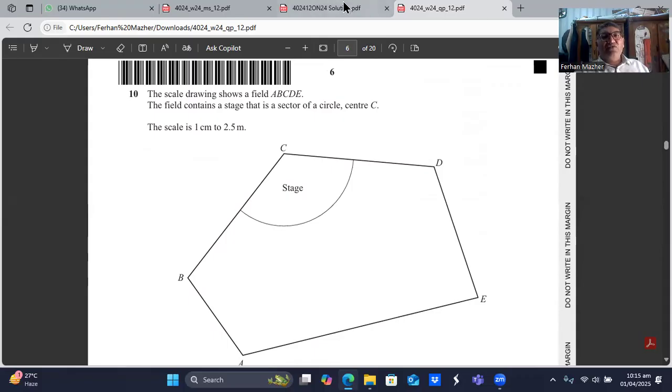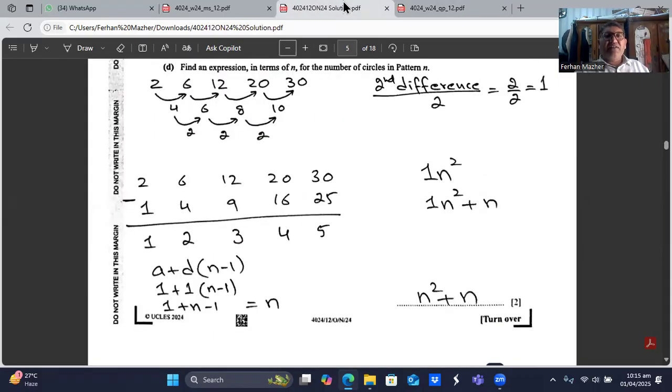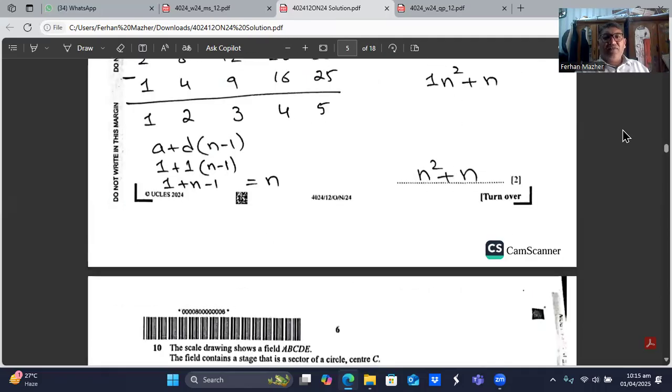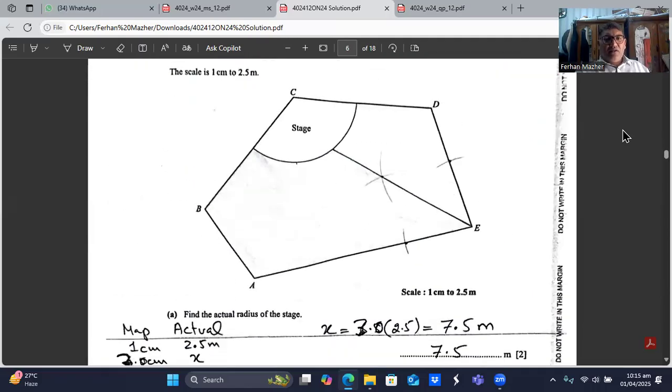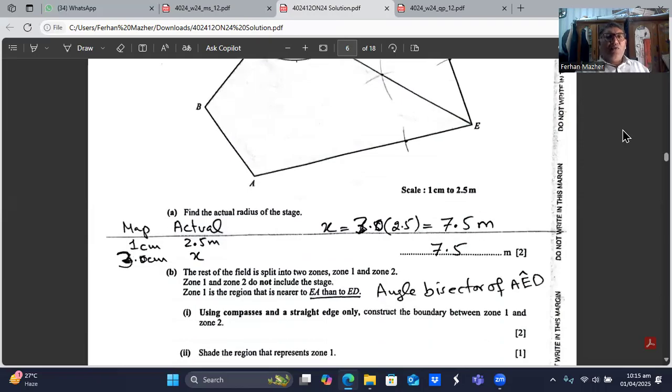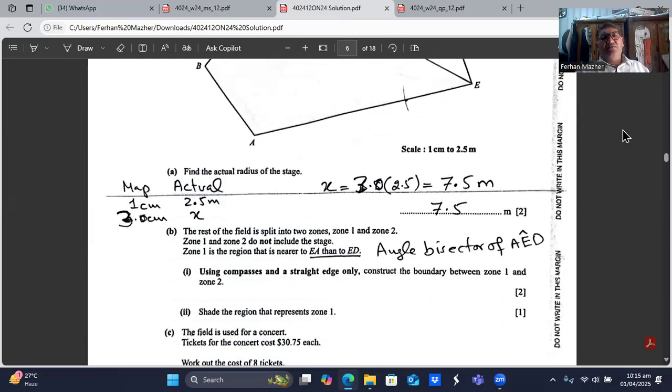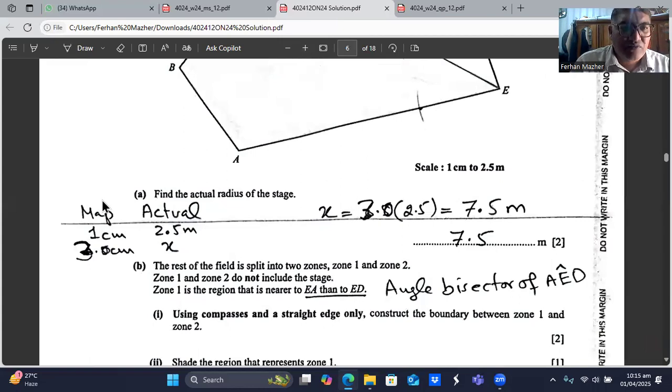And then by using the scale, we can convert this into the actual length of the distance. Okay. So when we measured it, it was 3.3 centimeter approximately. I'm going to use the method of the ratio. So map and actual: 1 centimeter on the map is 2.5 meter in actual. If something is 3 centimeter, how much is it in actual?